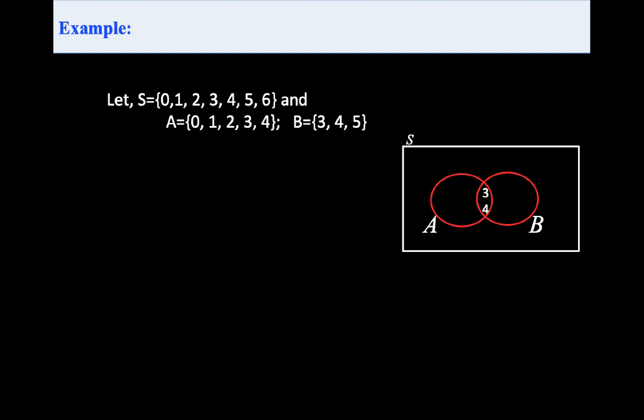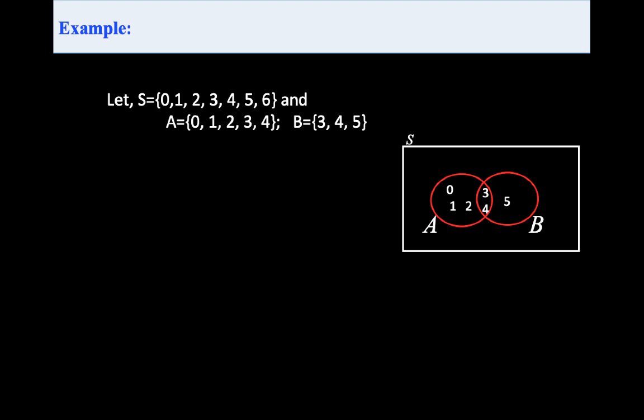Then go to A. Consider the A elements 0, 1, 2, 3, 4. But you see 3 and 4 are already placed. Therefore we need 0, 1, 2 in the region only A. And similarly for B, we have 3, 4 already.